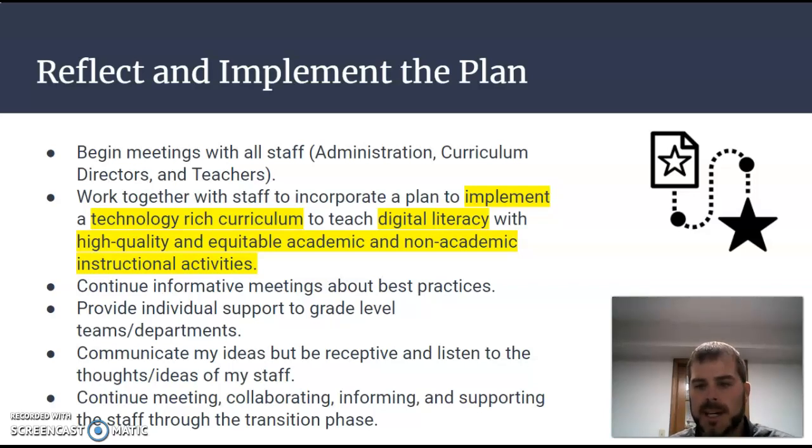This is going to be a slow process, and so I need to be willing to be patient and work through this with them. And then continue meeting, collaborating, informing, and supporting the staff through this transition phase. Like I just said, this is going to take quite a while.